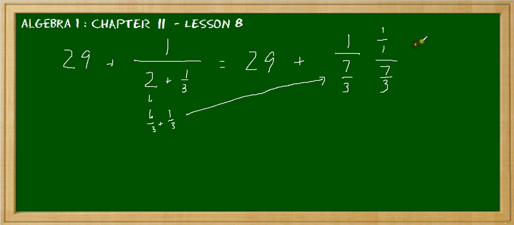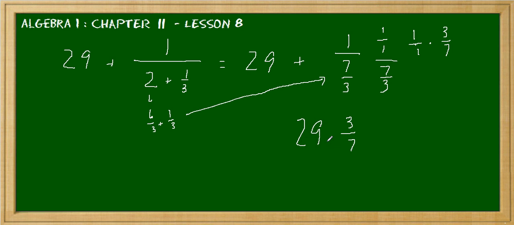So all I would do is express this as 1 over 1 times 3 over 7, which means that this is equal to 3/7. Okay, so we converted this to 3/7, and it's 29 plus 3/7, so it's 29 and 3/7.